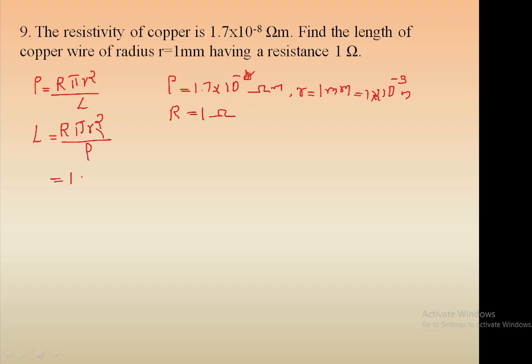That is 1 ohm into 3.14 into radius (10^-3) square divided by the resistivity 1.7 × 10^-8.